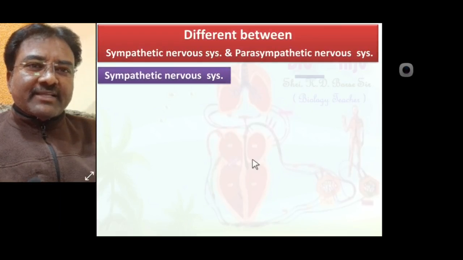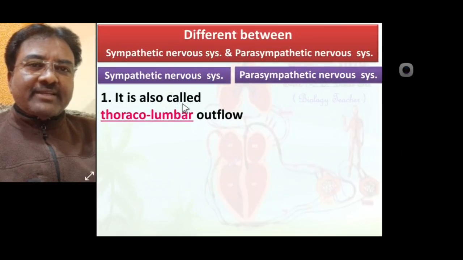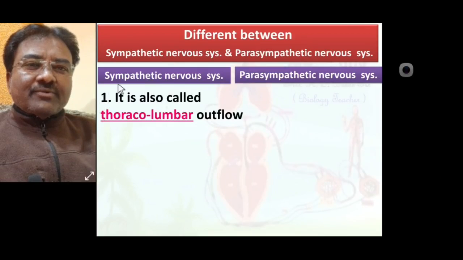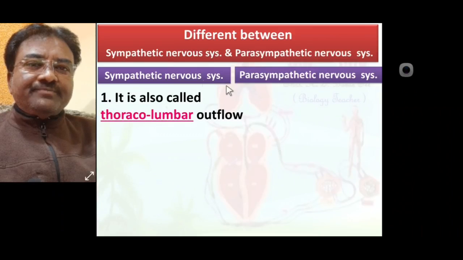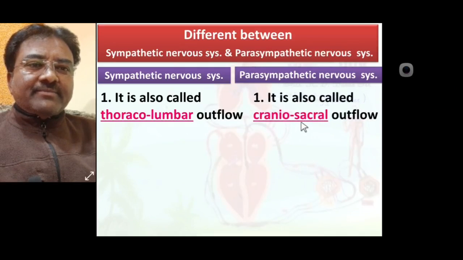Seen here, the sympathetic nervous system and the parasympathetic nervous system. The sympathetic nervous system is also called the thoracolumbar outflow. The parasympathetic nervous system is also called the craniosacral outflow.